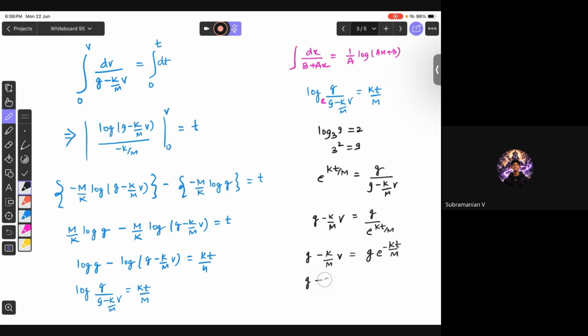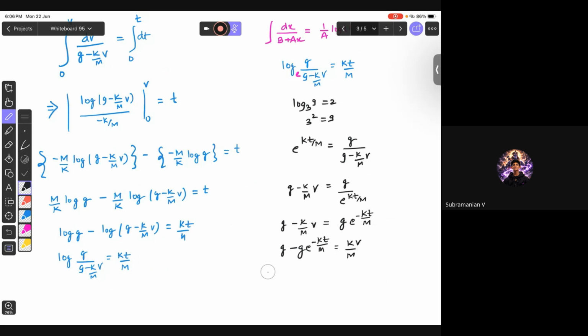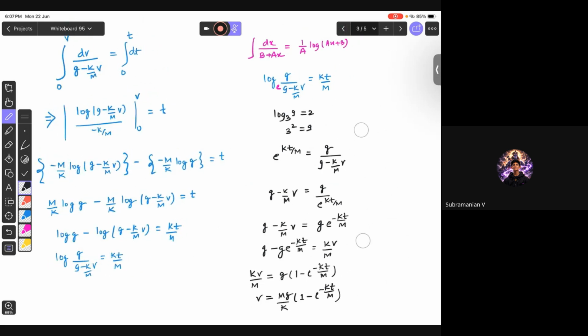So g minus g into e power minus kt by m is equal to kv by m. Take g common, so we get kv by m equals g into 1 minus e to the power minus kt by m. So v equals mg by k into 1 minus e to the power minus kt by m. So I hope all this is clear, no?